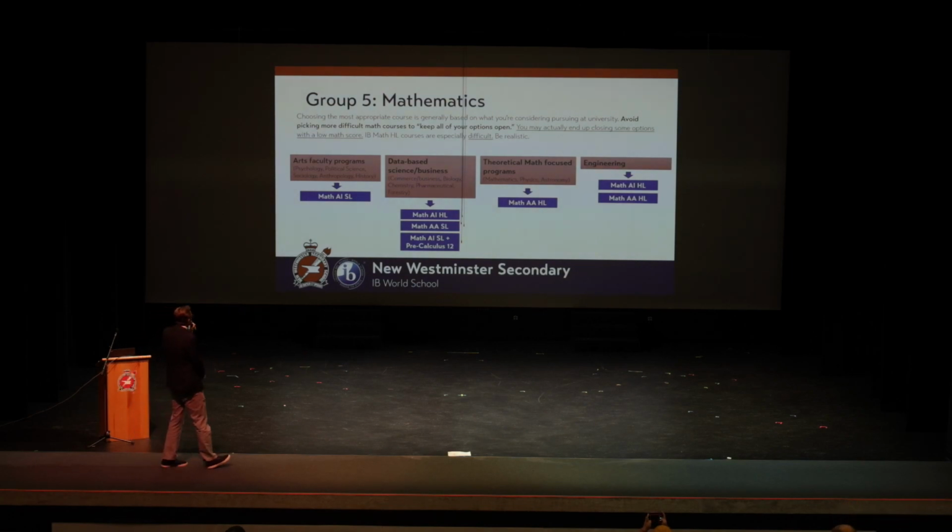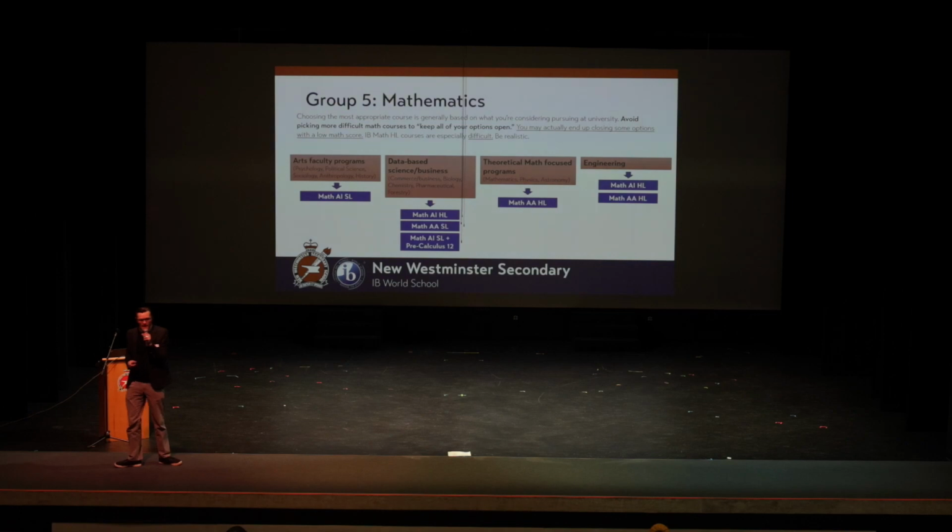If we move further from the right towards the left, if you're interested in university programs that focus on that theoretical math, right? So especially things like if you want to do math at university, or if you want to do physics or astronomy, those kinds of university programs, math AA HL might be the choice there.